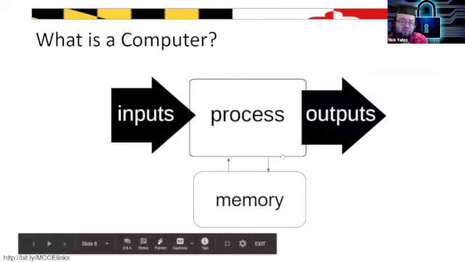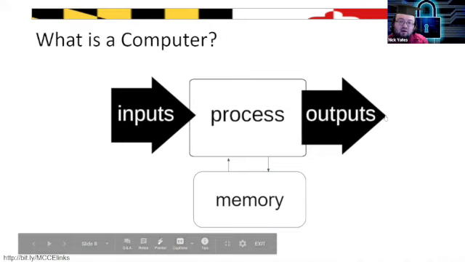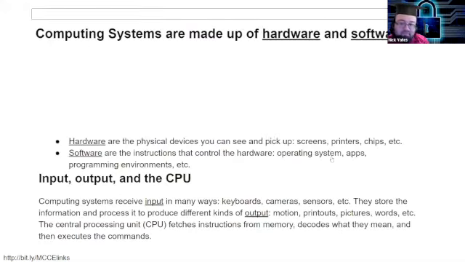What's the hardware that enables the inputs to come in, the CPU, central processing unit, and the memory, and how does the computer output different things? And we'll look at the same thing for software as well. And with that, I'm going to hand it over to Deborah.